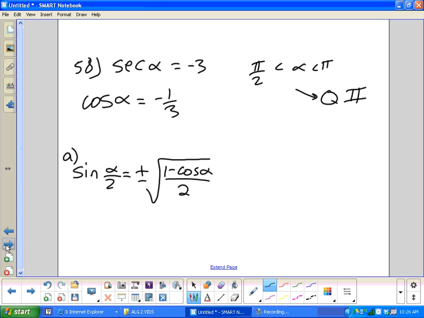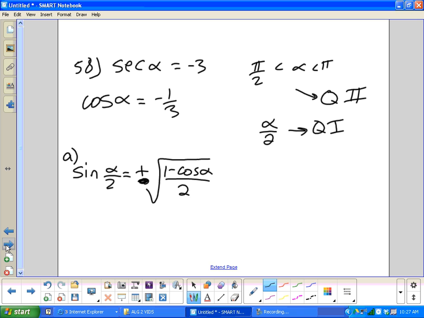So if alpha is in quadrant 2, where is the half angle going to be? Quadrant 1. Now, that's pretty nice, isn't it? So alpha is in quadrant 2, but alpha over 2 is going to be in quadrant 1. And I like quadrant 1 because everything in quadrant 1 is positive. So it's going to be positive there. And it'll be positive on cosine too, won't it?